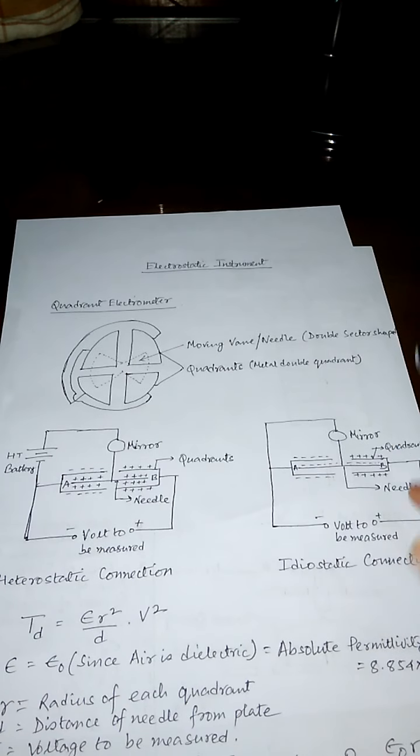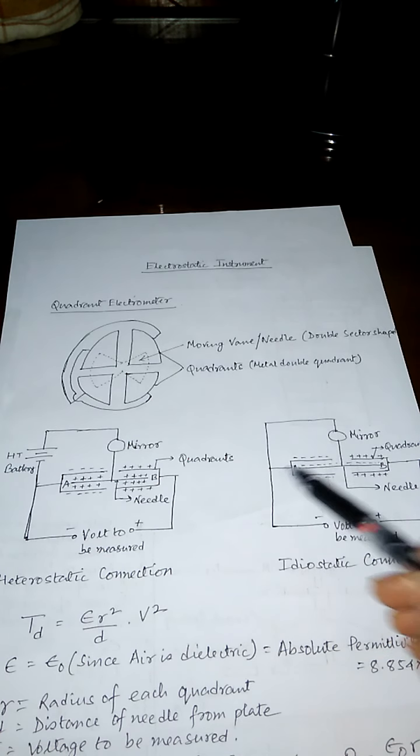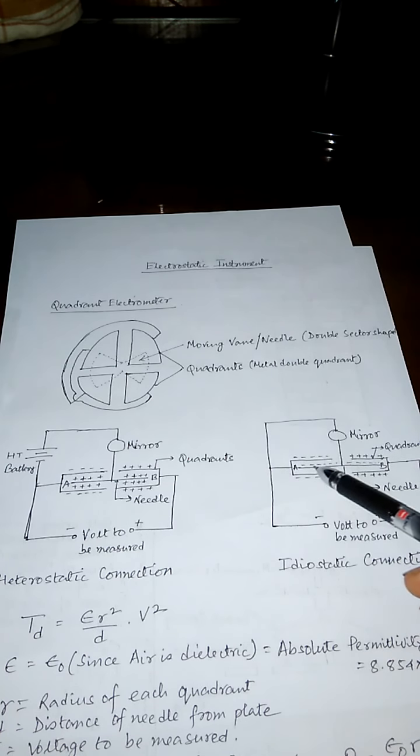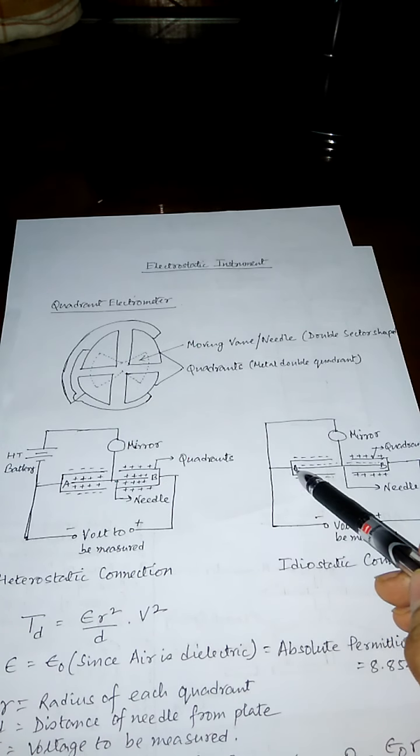So in the idiostatic connection the needle is directly connected to one pair of quadrants, and whichever polarity, positive or negative, is connected to this quadrant, the needle is also charged with the same polarity. Here it is negative.